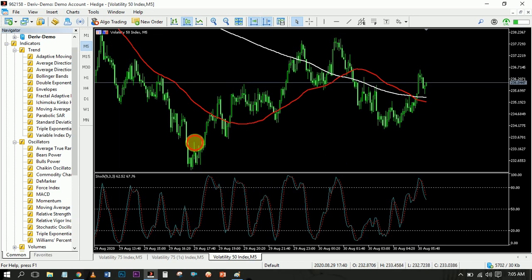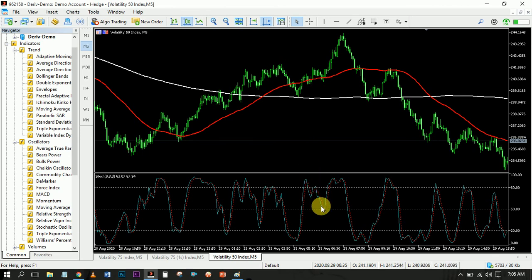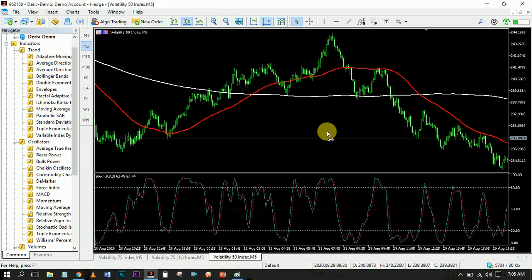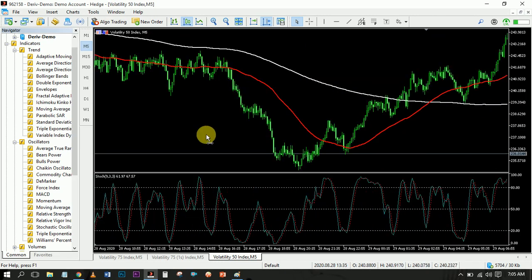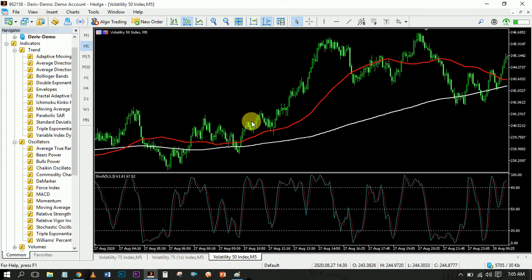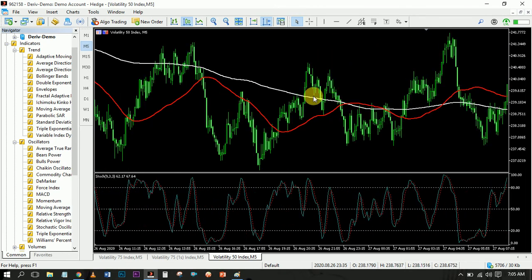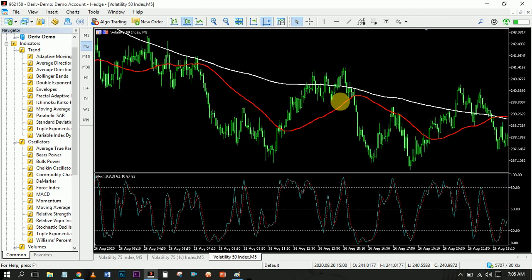Or if it's a buy, you can buy at the beginning of the trend to the upside. So basically that's how you can confirm your trend and know that it's going to be profitable for you before actually risking your capital.